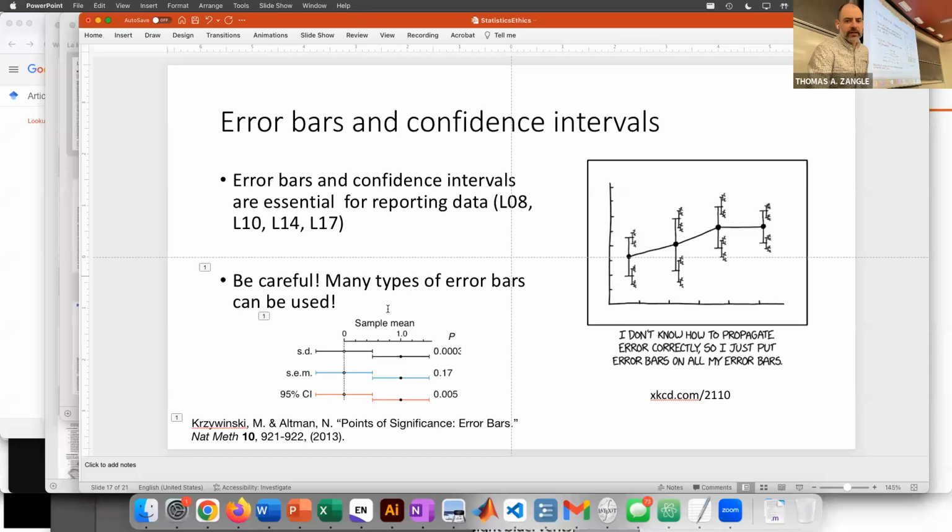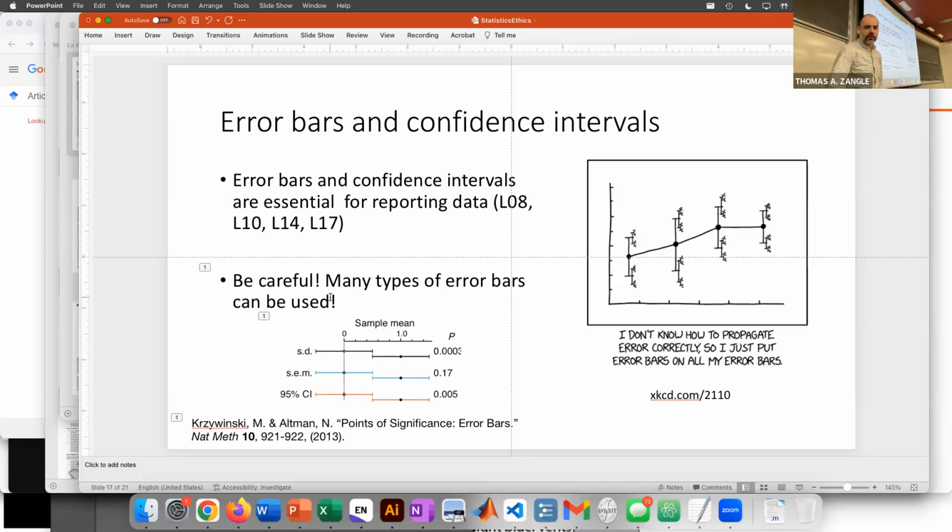But a real example of where you might see this crop up, and this isn't so much an issue of people making unethical decisions, but it's just that there are multiple different ways of doing it, and you should be aware of what those mean. There are many different types of error bars that could all potentially be used.